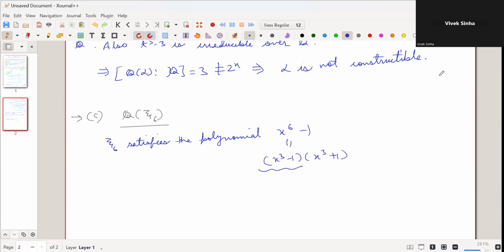And ξ6 cannot satisfy x³ − 1, that we have already seen. Why? Because ξ6 is a primitive root of unity, it generates all roots. x³ − 1 only generates cube roots, right? It can only generate 3 roots, but ξ6 should generate 6 roots. So ξ6 must satisfy x³ + 1.